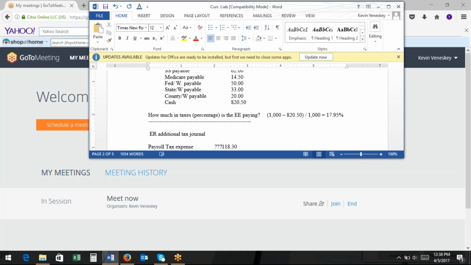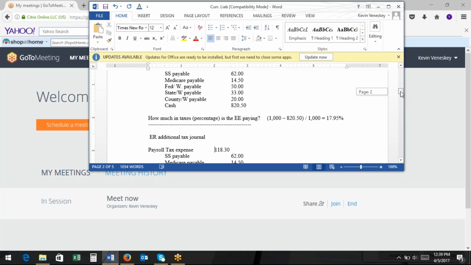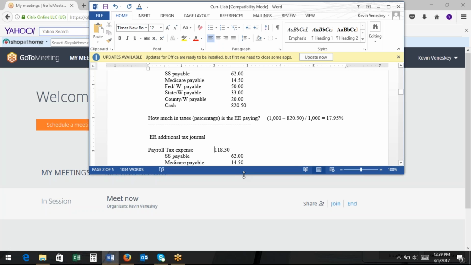And all those taxes are a credit, a payable in your account. So we're going to have more money going into this Medicare payable account. We're going to have more money going into the Social Security payable. All right, so the first thing, remember from the employer standpoint, they match dollar for dollar how much was paid by the employee for the first two, the Social Security and the Medicare.